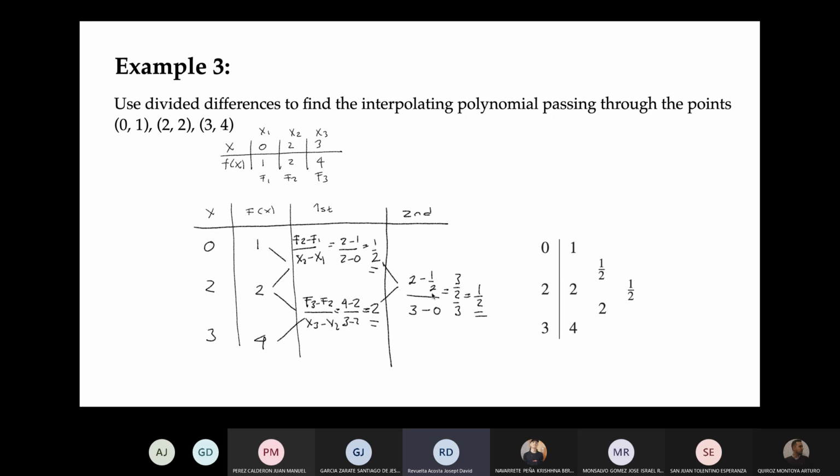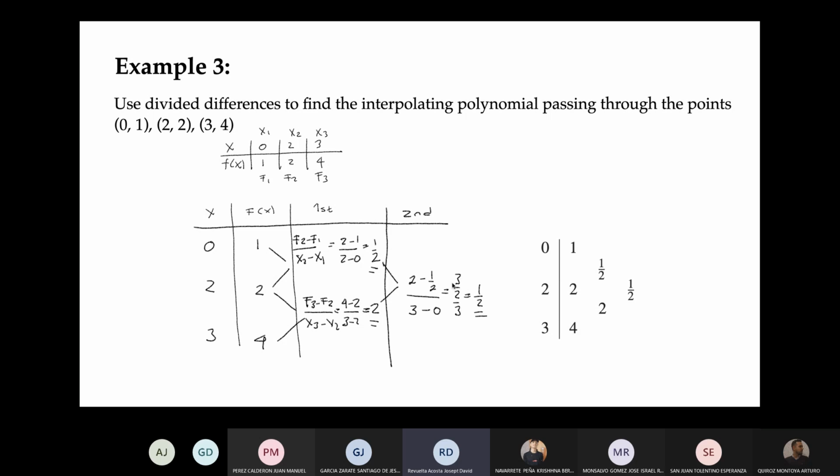Remember that this is equal to the y's, and this is equal to the x's. So you just have to follow the line, you get 0. You follow the line, you get 3. And because this is always the upper minus the lower, 3 minus 0, you get that 2 minus half is going to be equal to 3 halves, and 3 minus 0 is equal to 3.